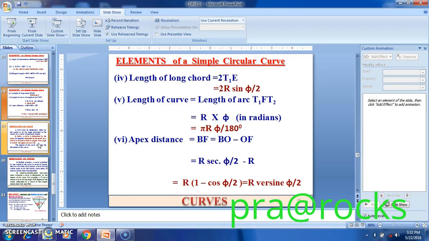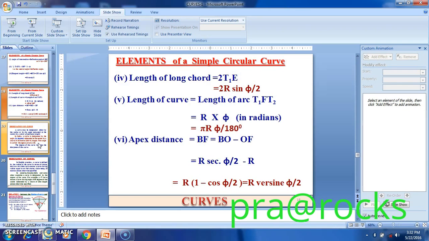And then the length of the curve, which is the arc itself, can be written as R phi, and this will be in radians. To convert it, we can multiply by pi by 180 so that it will be in degrees, so pi R phi by 180.